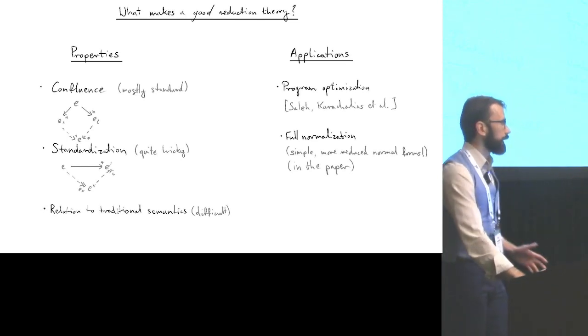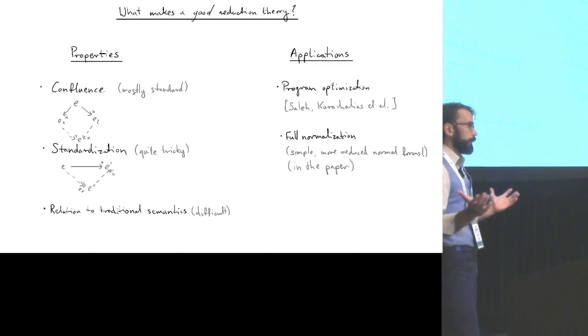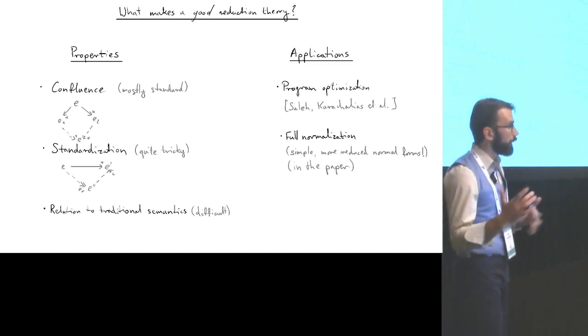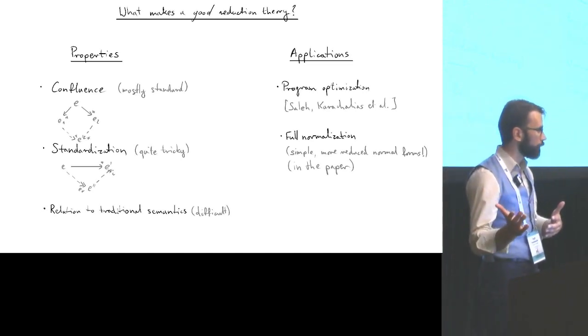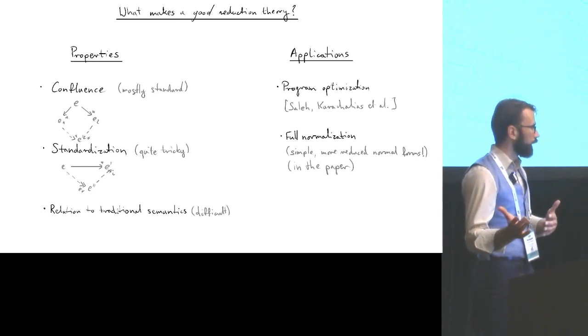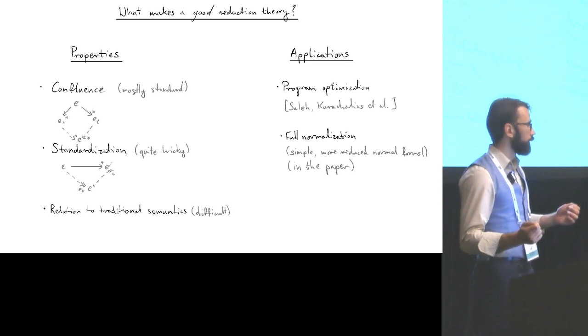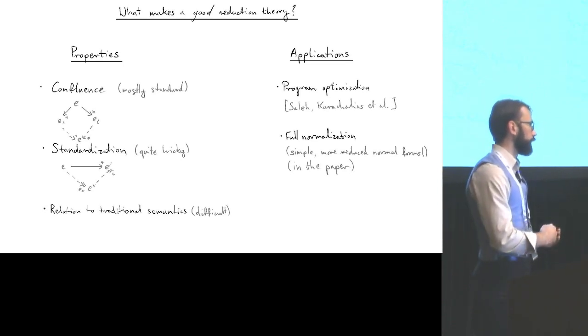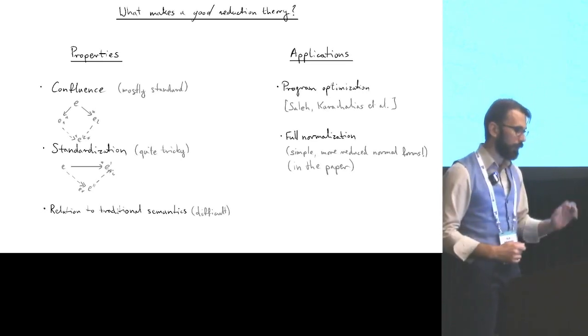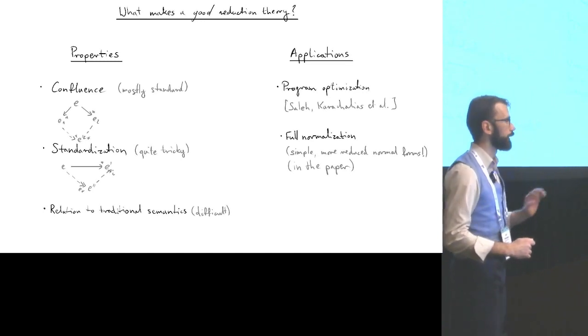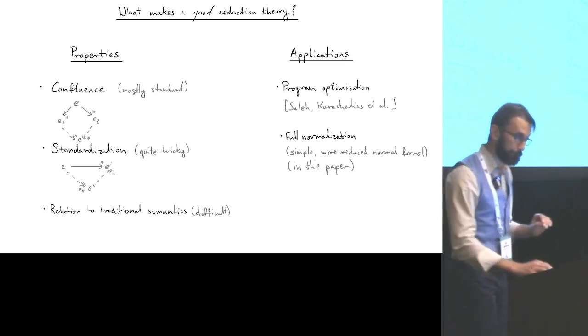And then obviously, right now we have some sort of reduction theory. Maybe we will have some sort of evaluation relation based on that reduction theory. But that's fine, but how does it relate to the traditional reduction that we started with? And if I have some time, I will be able to show you a little bit about that.